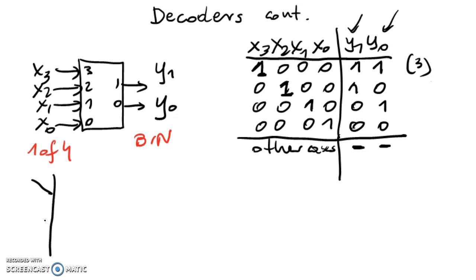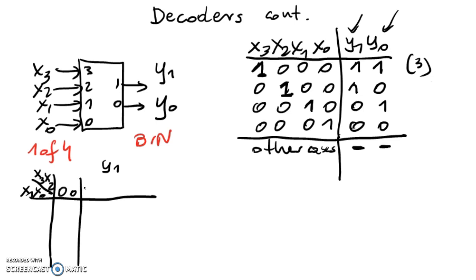And let's do it for y1. Y0, I propose that you will do the second minimization process. I will show you only the first one for y1. So you must use gray code in columns and rows.